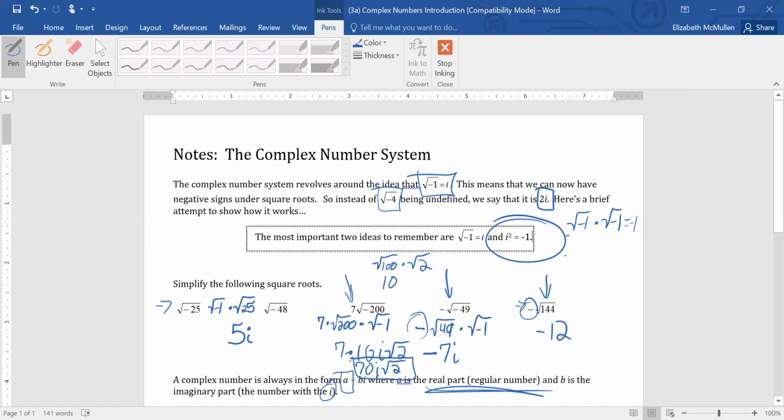Just like if I say the square root of x squared times the square root of x squared, what does that equal? The square root of x squared is x, the square root of x squared is x, so x times x gives us x squared. You see how this works? Same way, anytime you see i squared, you can simplify that to -1. And that's the only superpower that the i's have: you just remember that i squared is -1.